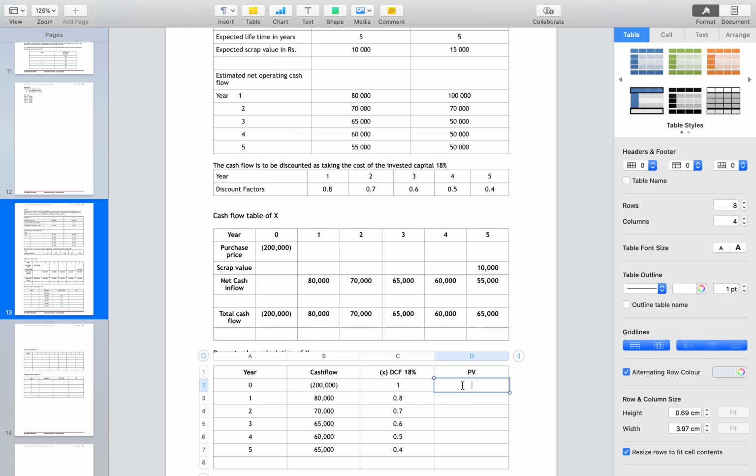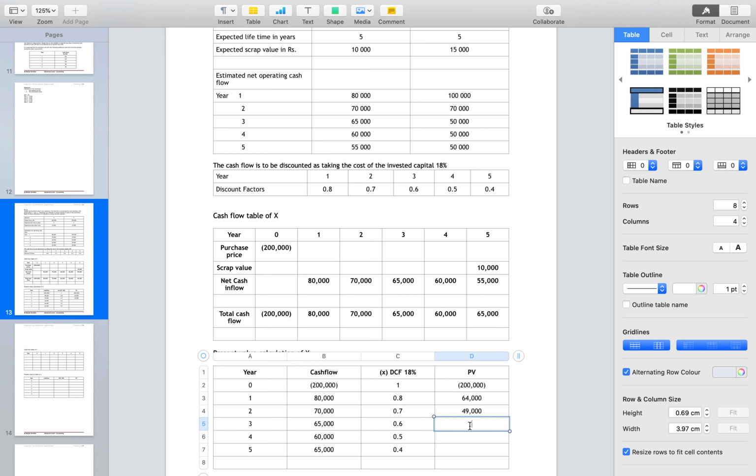Right, so 200,000 into 1, that will be negative 200,000. Right, and then guys, 800,000 into 0.8, you will get your answer. Right, so guys, please use your cal and get all your answers over there. Right, so that will be 64,000 over here. Right, so take 70,000 and multiply it by 0.7, that will then be 49,000.